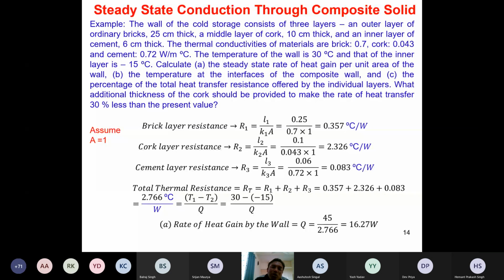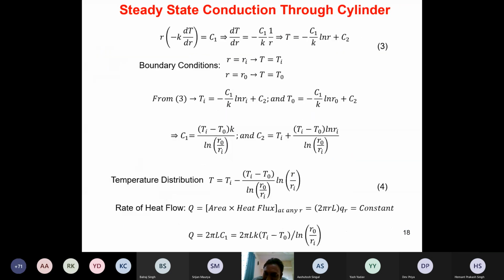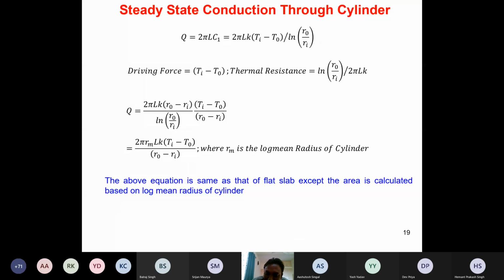That is why in Fourier's law of heat conduction it is minus k dT by dx, isn't it? But if there is a generation term, an additional factor is added, which will also lead to Q. So Q will be contributed not only by Fourier's law, but also by this additional generation term.